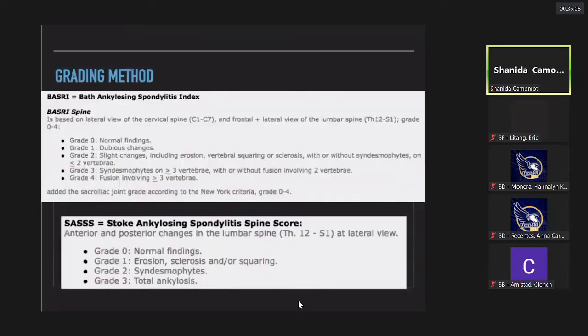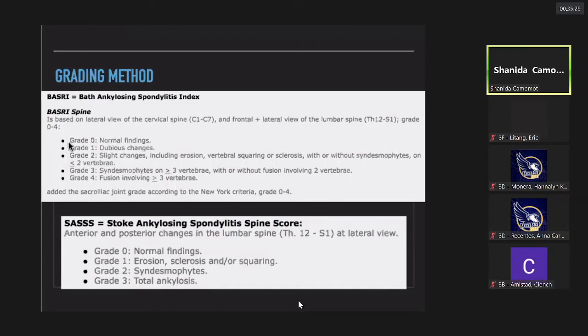So this is how we grade on X-ray. We use the Bath Ankylosing Spondylitis Radiology Index, the BASRI spine. This is based on the lateral view of the cervical spine, C1 to C7, and the frontal and lateral view of the lumbar spine, T12 to S1. The grade is 0 to 4.